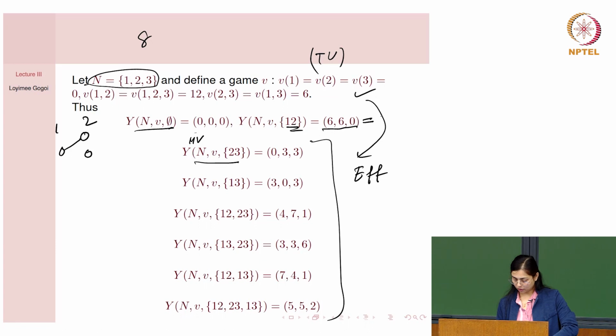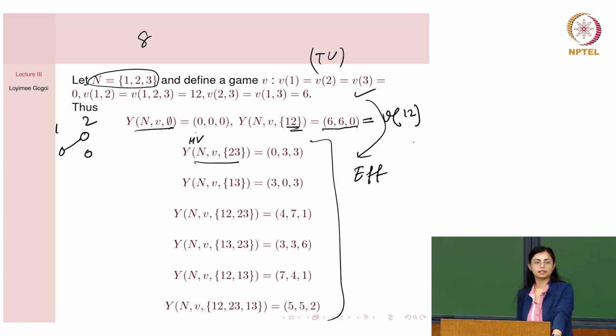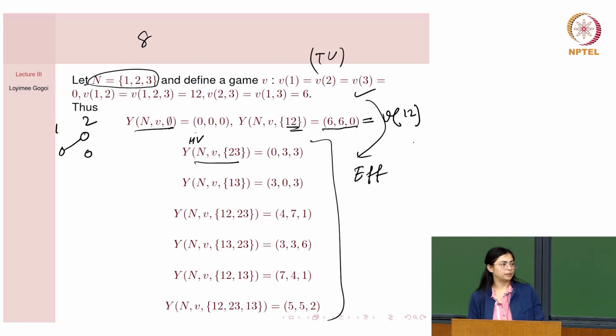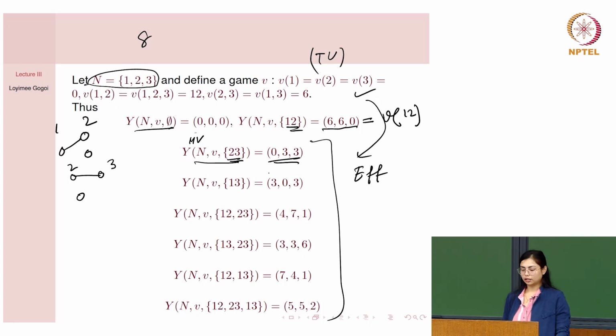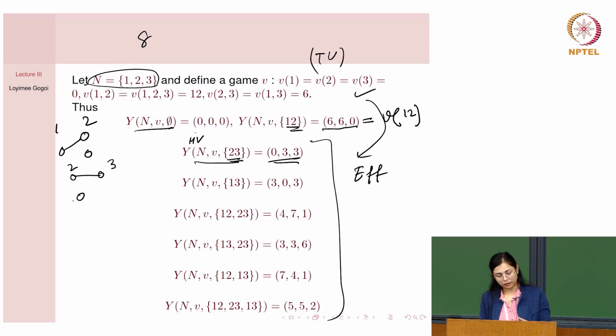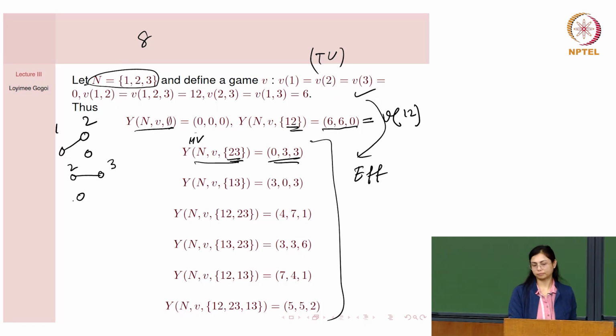This is simply equal to the worth of the coalition generated by players 1 and 2, right? If the network structure is like that, 2 and 3 linked and 1 isolated, then 1 does not have a link to any other, so Myerson allocates him 0, and 2 and 3 will get 3 and 3.